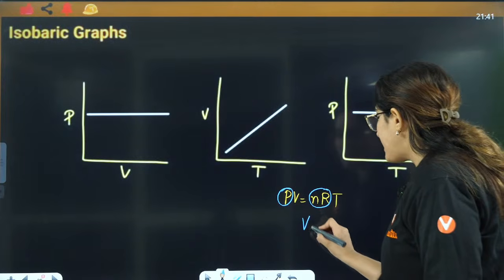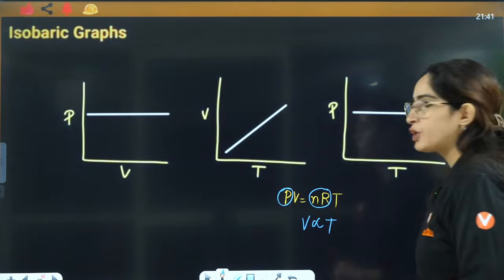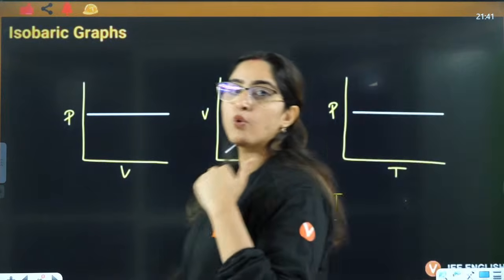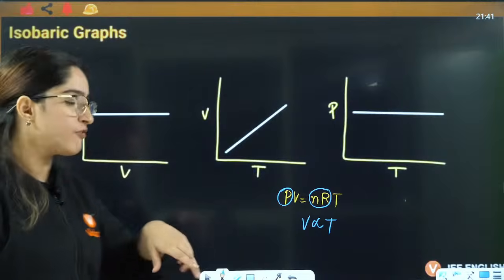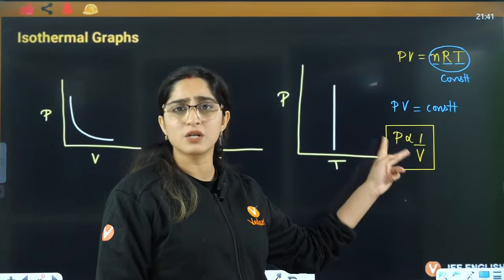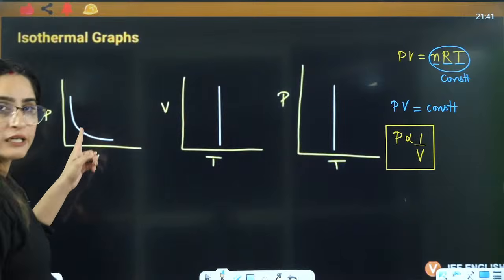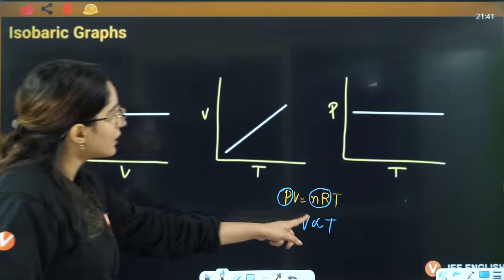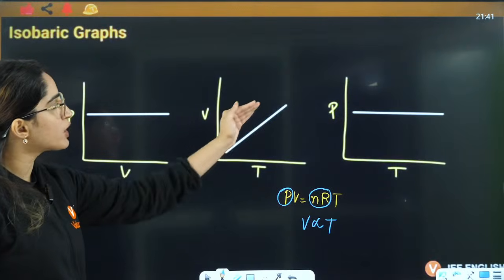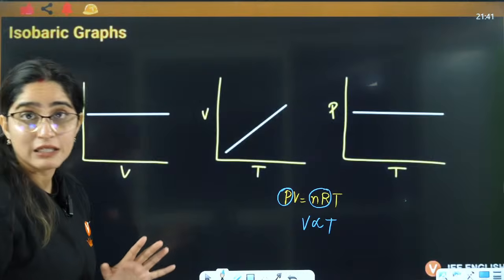That means V is directly proportional to T. When two things are inversely proportional, that is a non-linear graph. When two things are directly proportional, that's a linear graph. So volume and temperature are going to have a linear graph here, right?